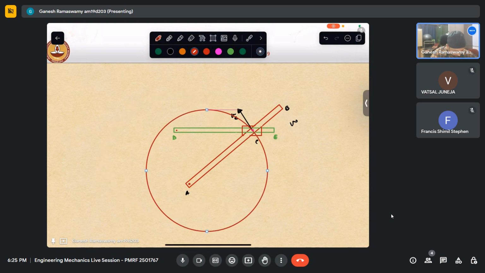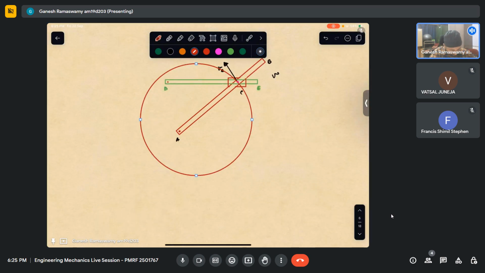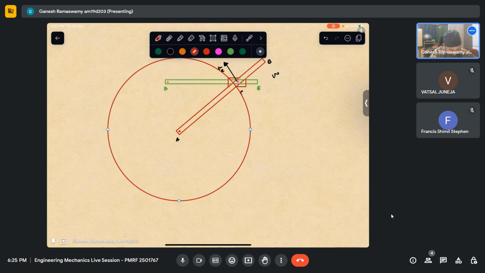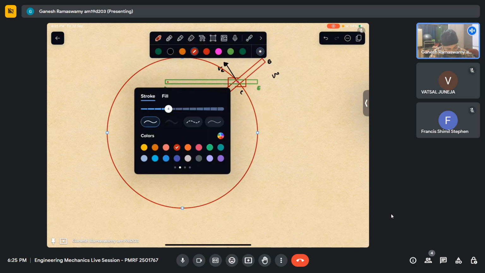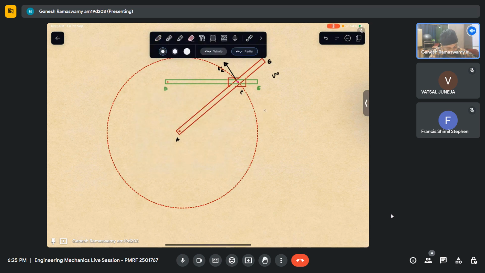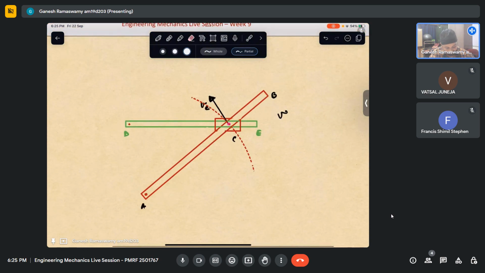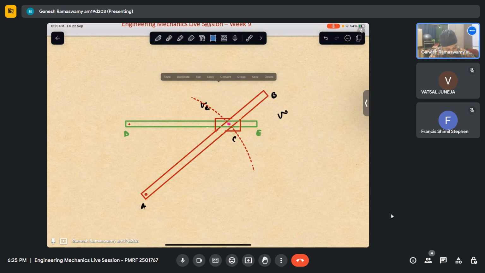I have a circle. Let the circle center be at A and let it trace it like that. Somewhat approximately I'm doing it just to give the idea of what is going on. Let me erase this. So with respect to this, it is tracing this curve.